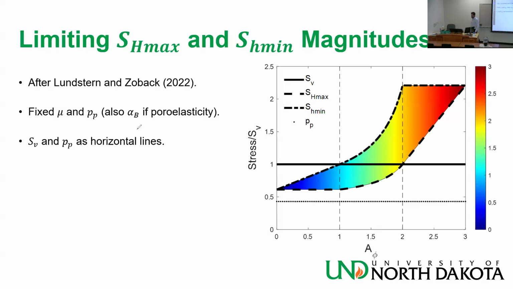Now, if you see the vertical lines, you have two dotted lines here, here, and here. They separate the three regimes. Okay, you have normal faulting, strike slip faulting, reverse faulting.